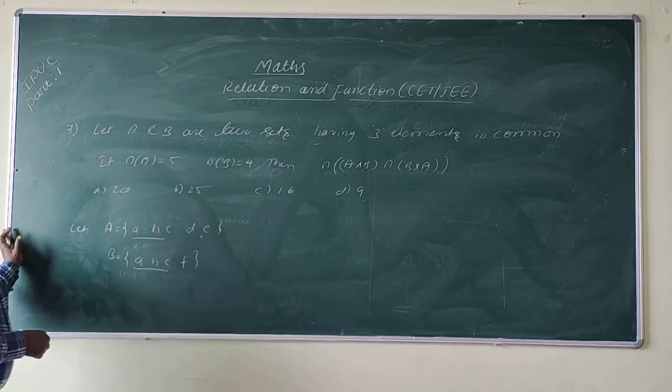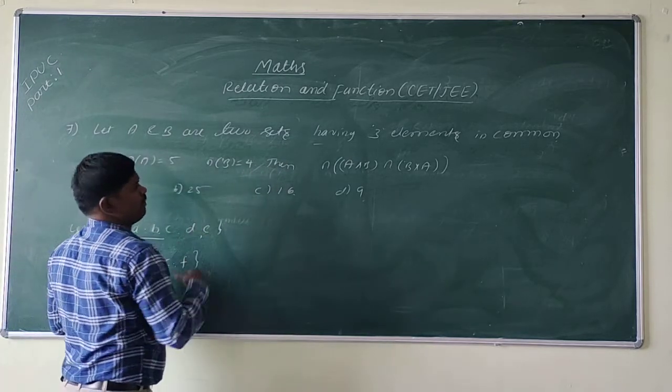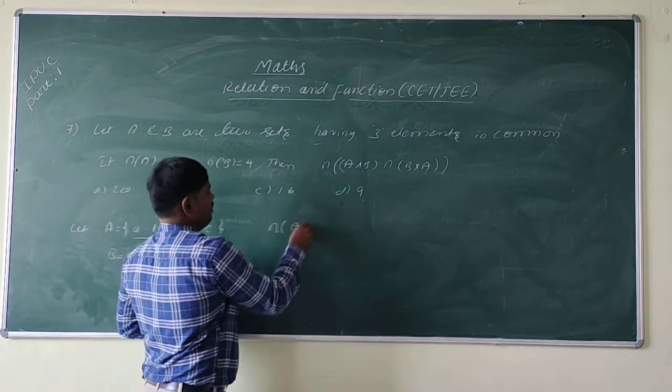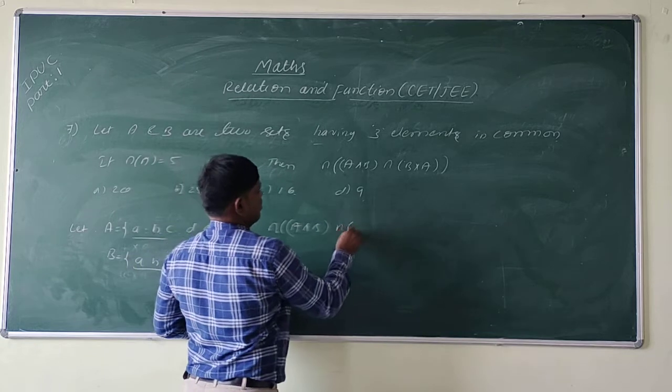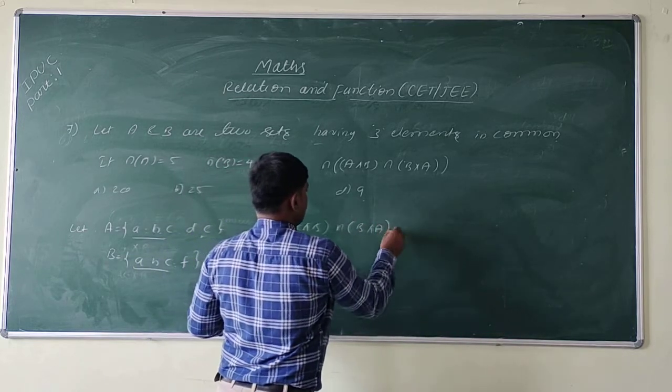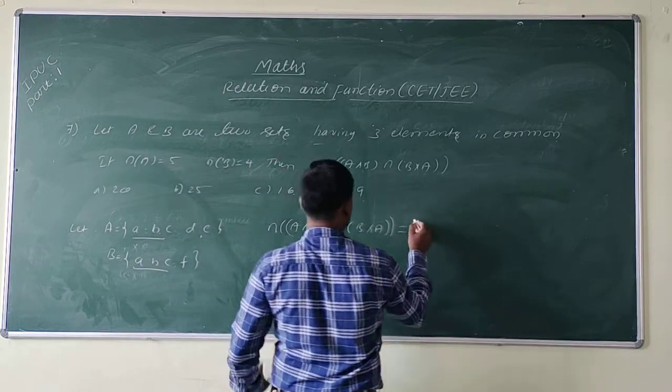Then the number of elements in (A cross B) intersection (B cross A) is equal to n of (A intersection B) cross (B intersection A).